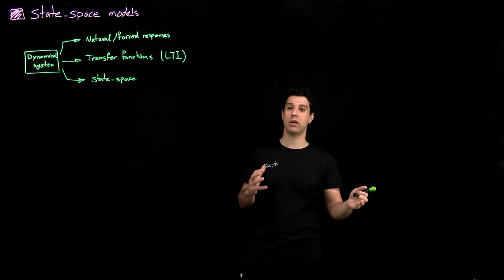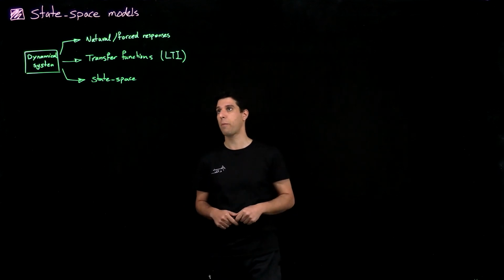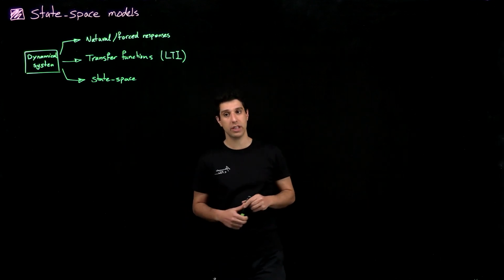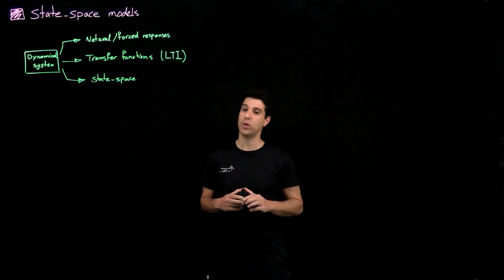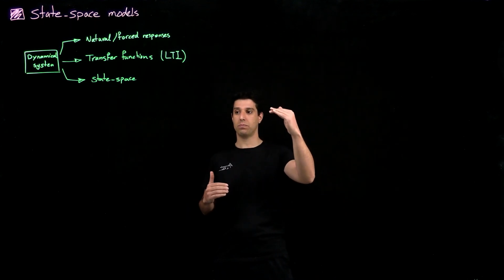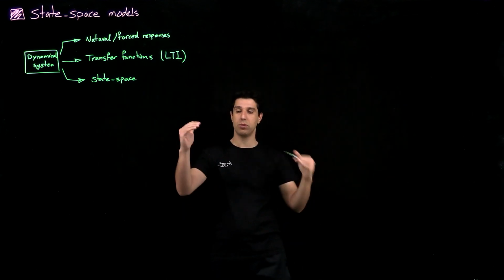So it is possible that your system may have multiple inputs and multiple outputs. And working with transfer functions in that kind of multi-input, multi-output situation is a little cumbersome because you have to define an individual transfer function for each combination of inputs and outputs.